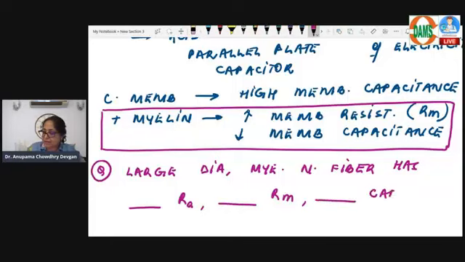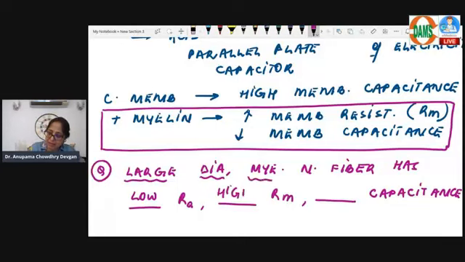Dash capacitance. Low, high. So starting with axoplasmic resistance, it is large diameter, therefore low axoplasmic resistance. It is a myelinated nerve fiber, therefore high membrane resistance and low membrane capacitance. A large diameter myelinated nerve fiber has a low axoplasmic resistance, high membrane resistance, low capacitance.